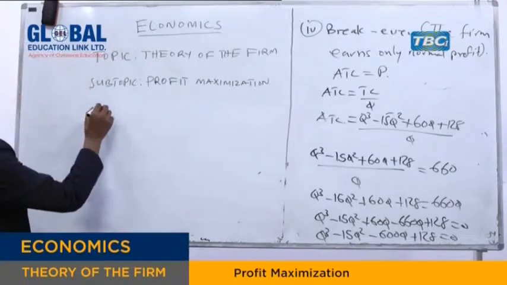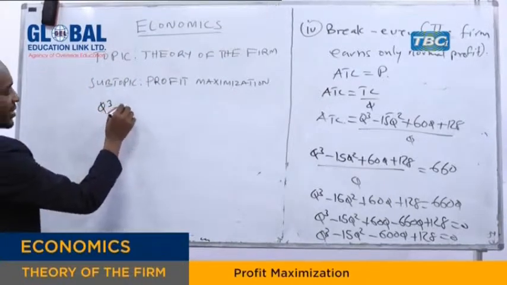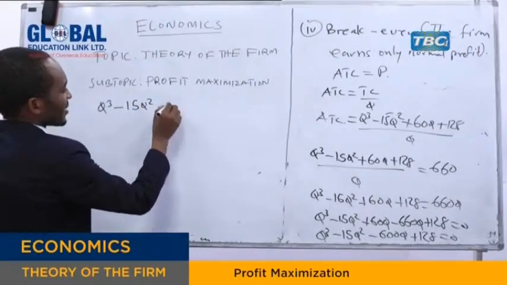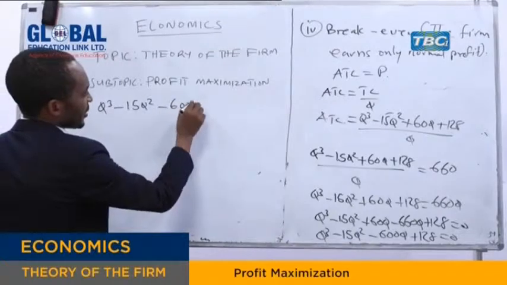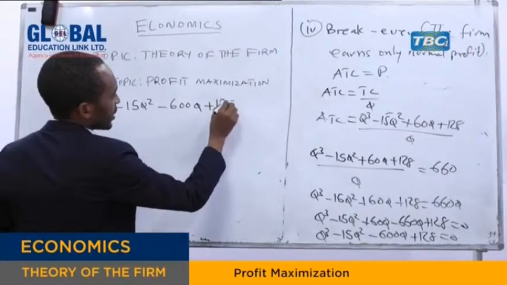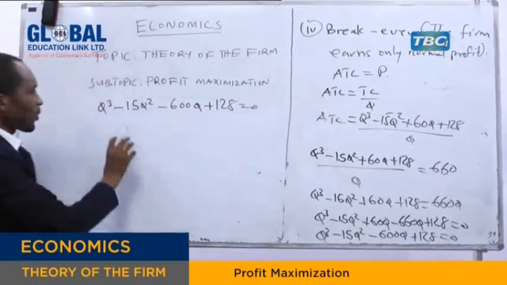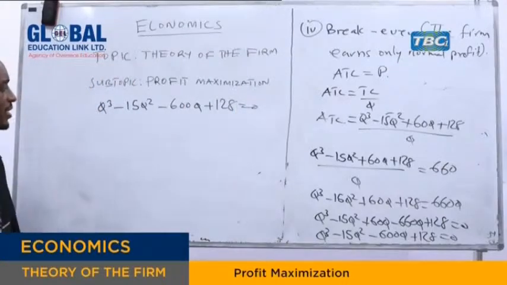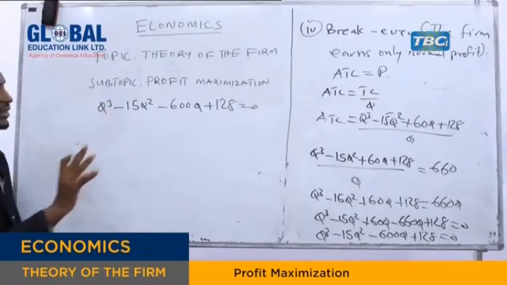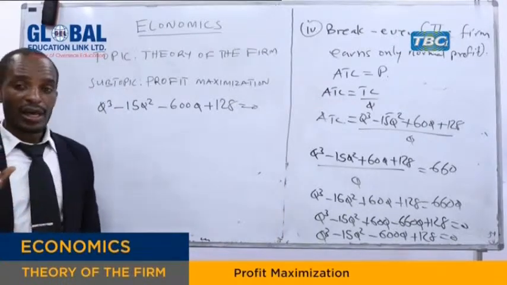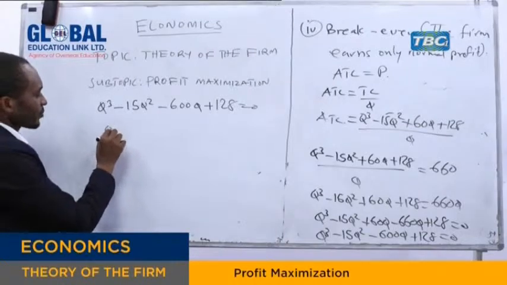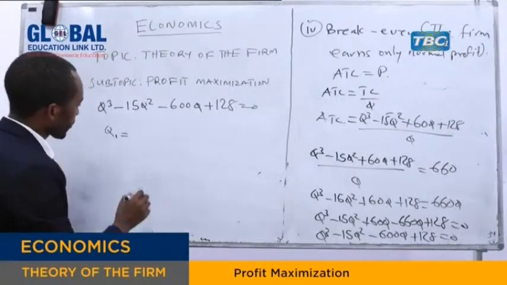Our function is Q cubic minus 15Q square minus 600Q plus 128 equals 0. So when you solve this cubic function, you'll get 3 units of output. The first Q will be equal to 33.